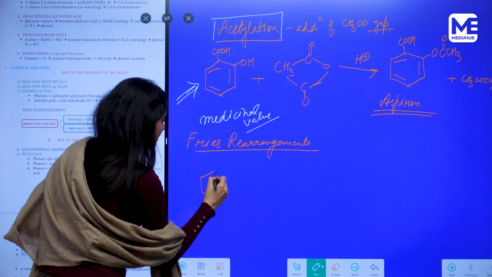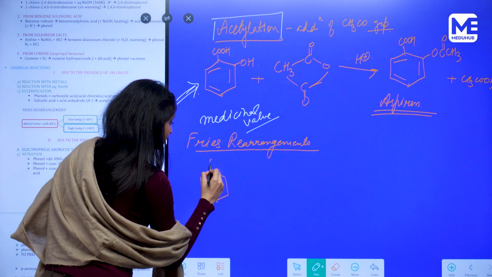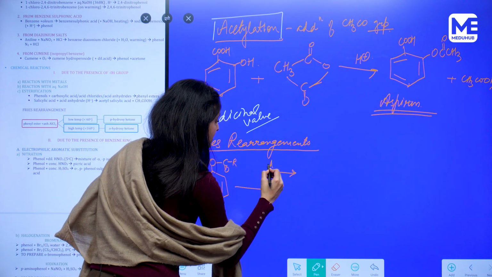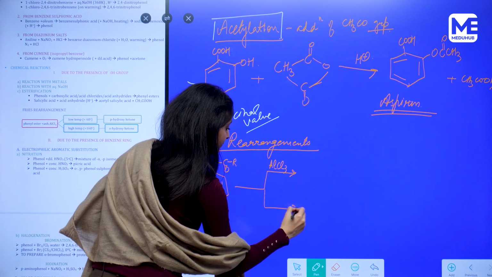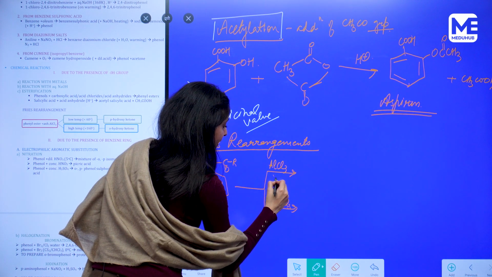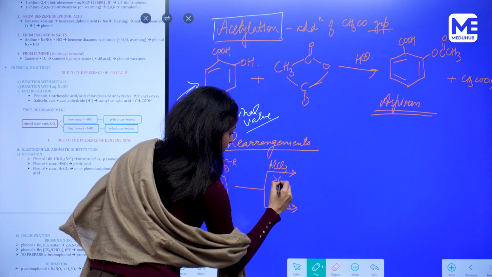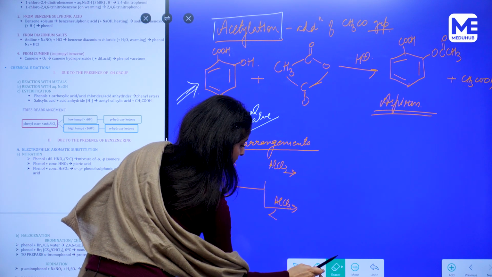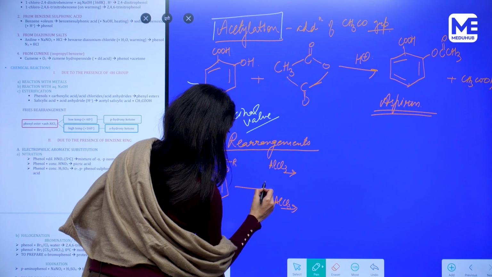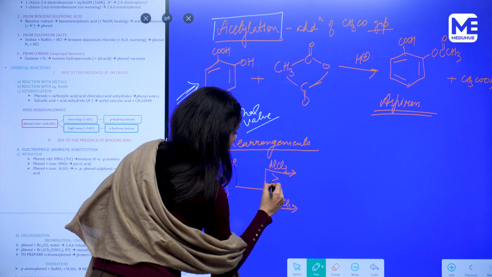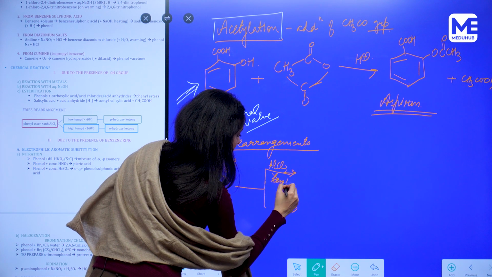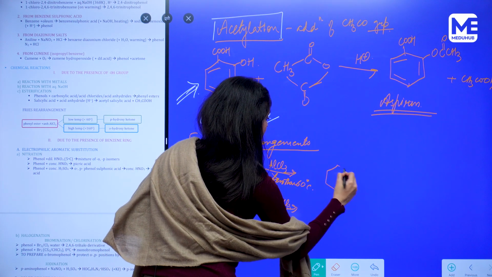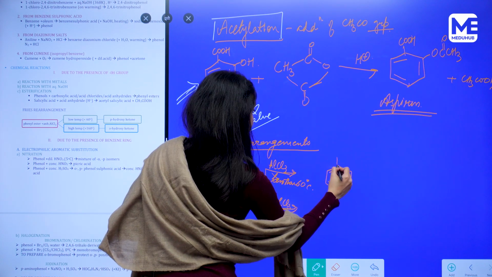So let's say we have this phenyl ester. On treating with AlCl3 at temperature less than 60 degrees, we will get the ortho isomer.